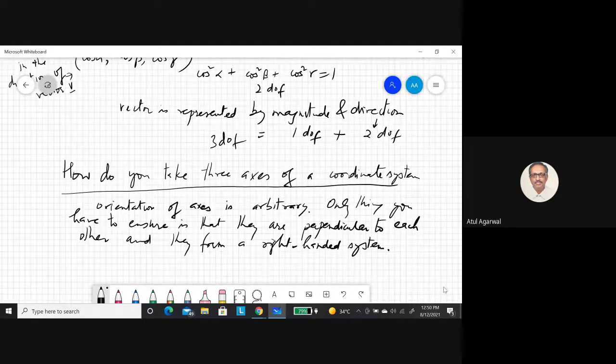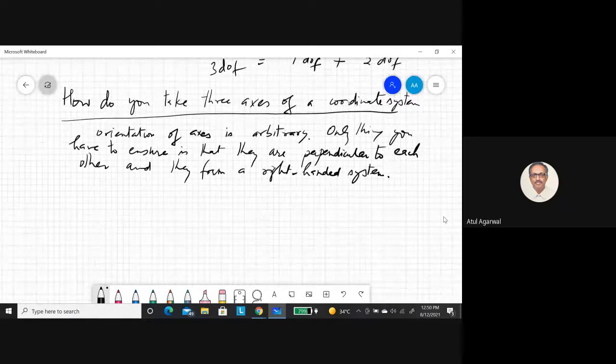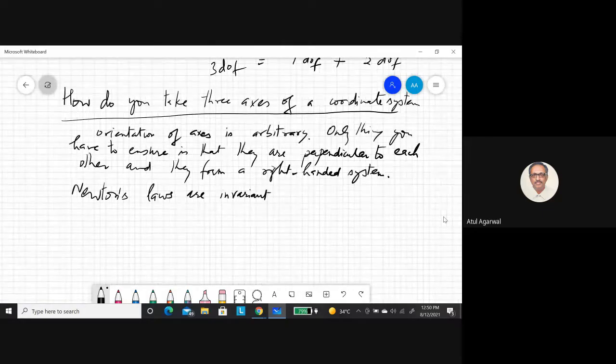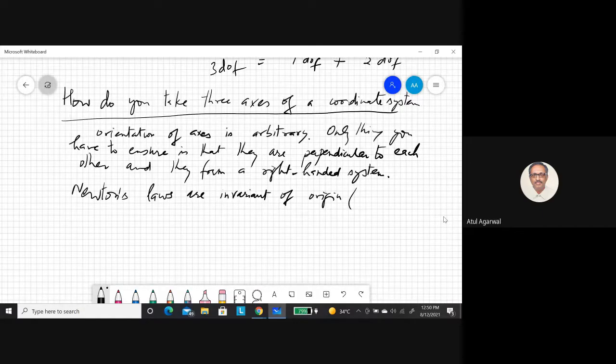Newton's laws, I had told you earlier, are invariant of origin or location and orientation of coordinate system.